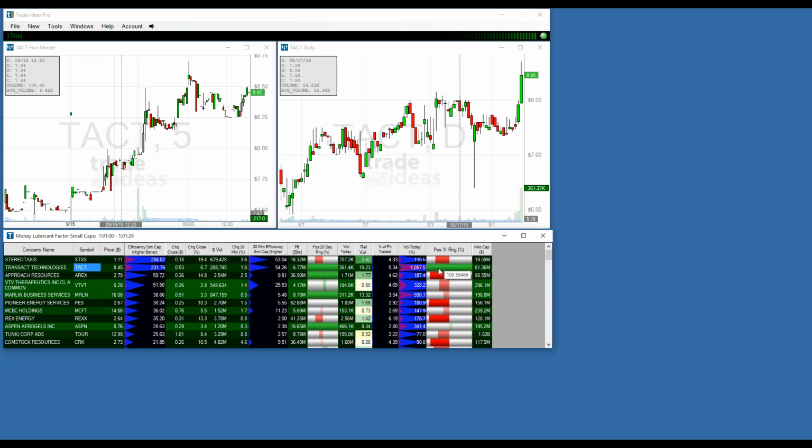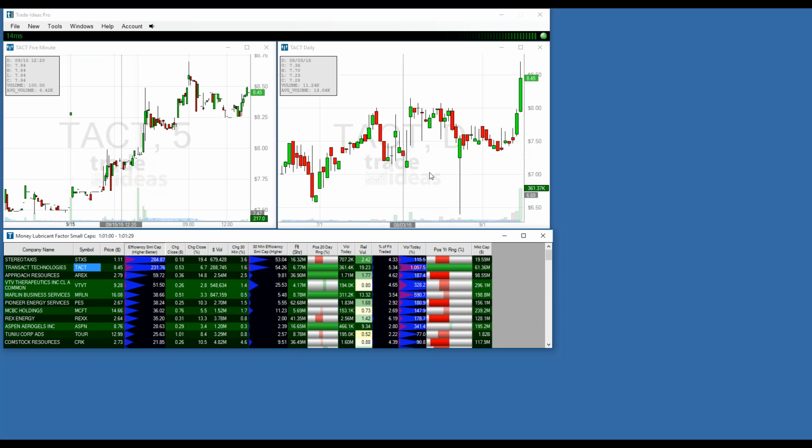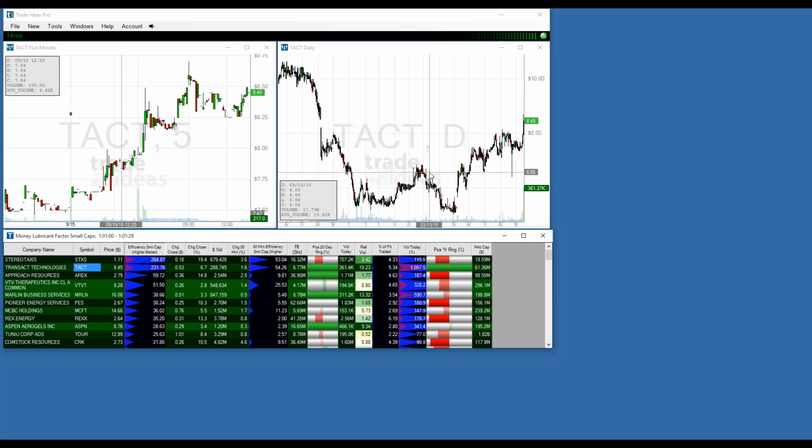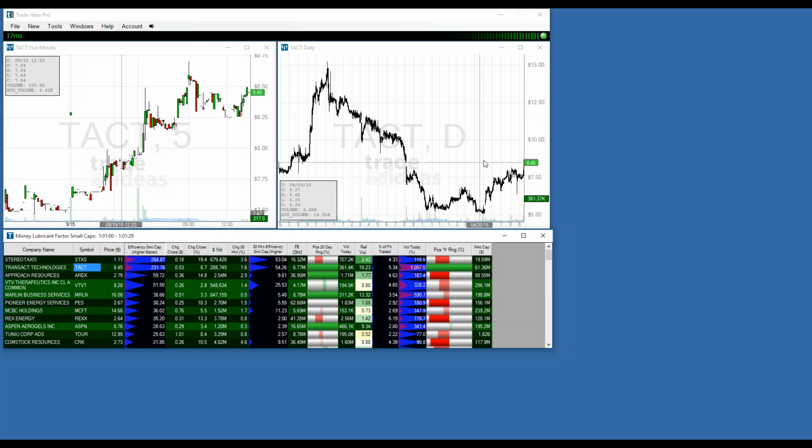It's on yearly highs. In fact, it made yearly highs today. So it has not been at these levels. It's basically in a gap fill mode now.